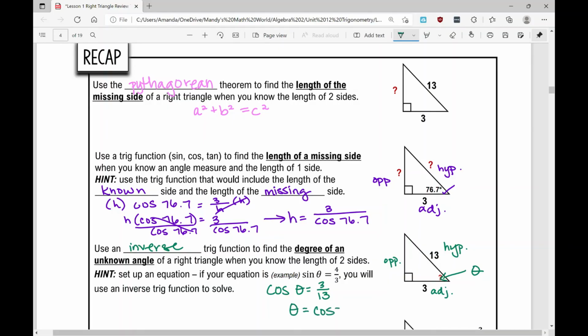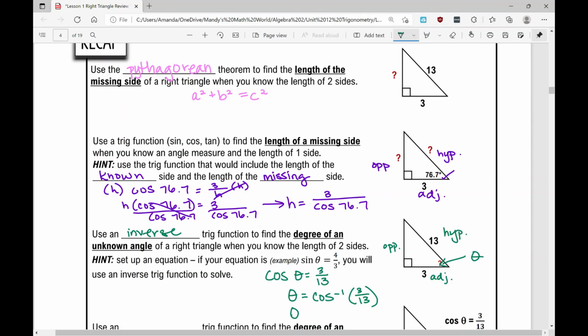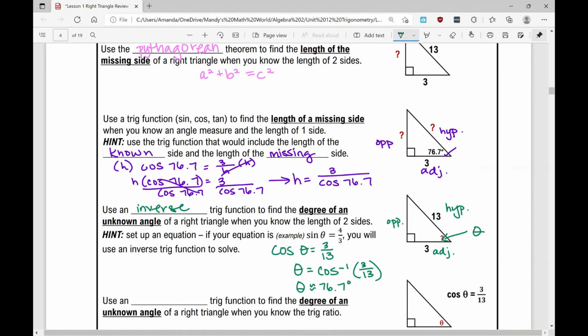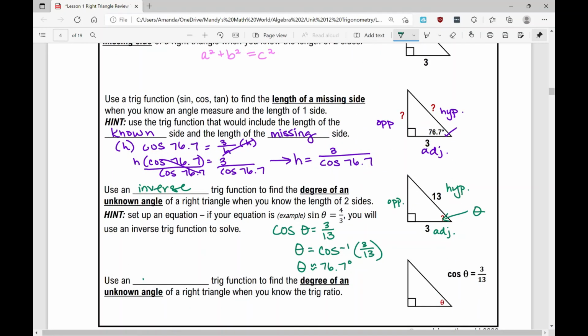So cosine inverse of 3/13 equals that angle measure, which is approximately 76.7 degrees.